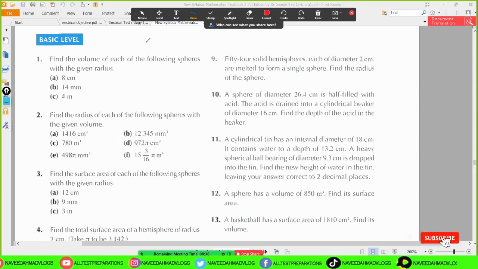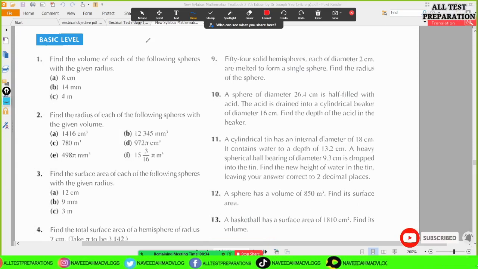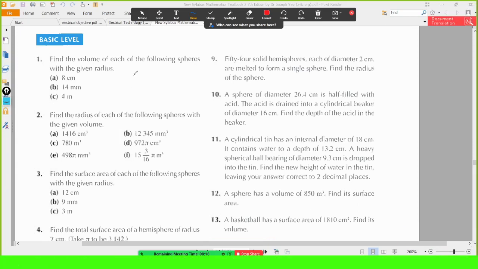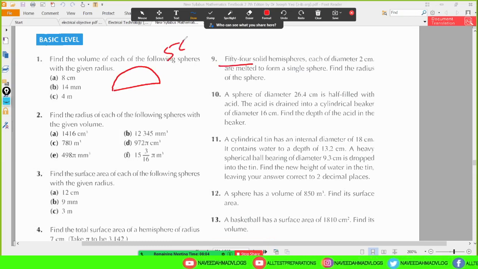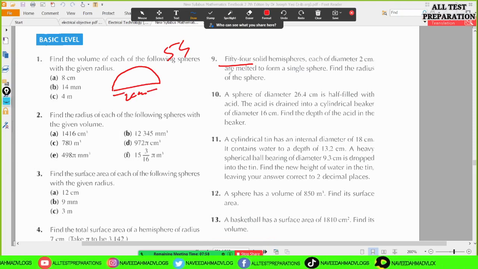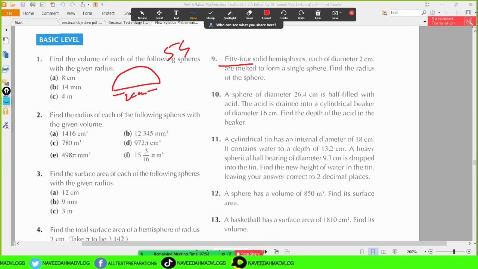And this hemisphere have 54 such like hemisphere, okay? Each of diameter 2 centimeter. 2 centimeter is the diameter of this hemisphere, are melted to form a single sphere. So you need to find the volume of this hemisphere, okay? So formula क्या था volume का?